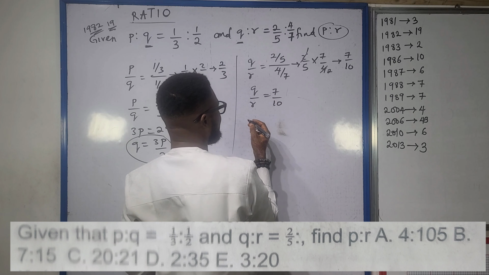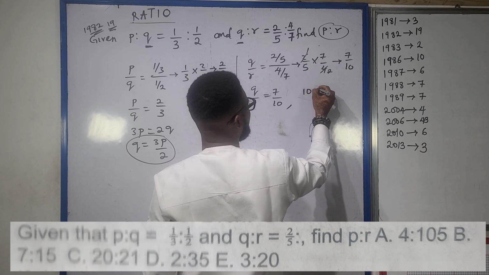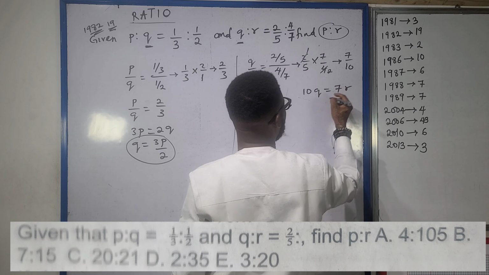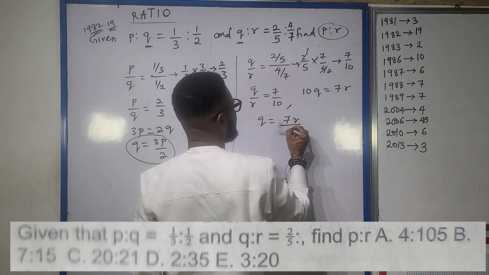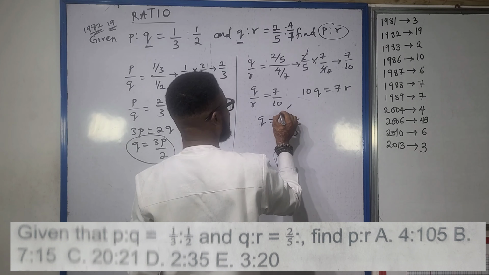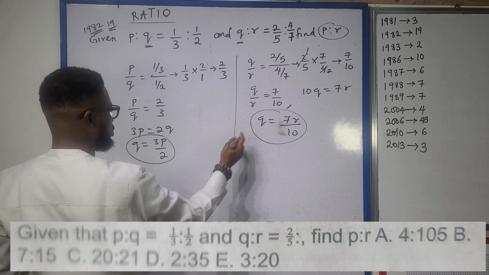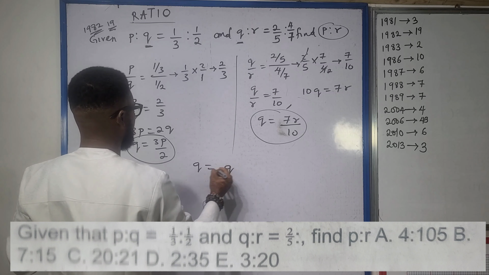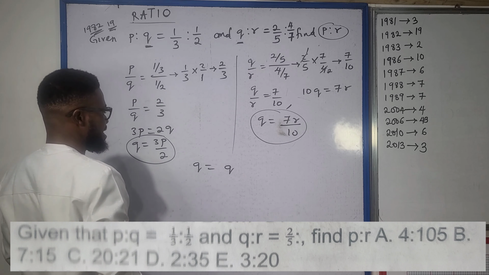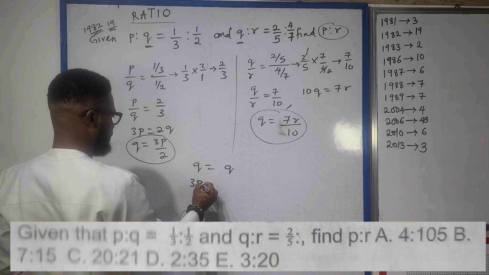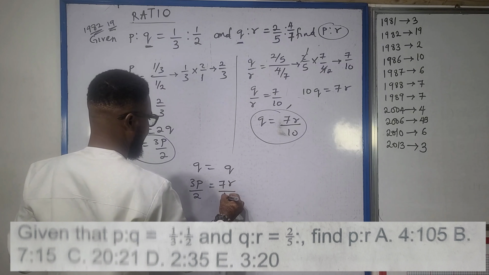So this will mean 10Q equals 7R, and therefore Q equals 7R over 10. That is for the second ratio here. The question now, Q is equal to Q. The question wants us to compare P to R. So if we look at this, this is 3P over 2 equals 7R over 10.